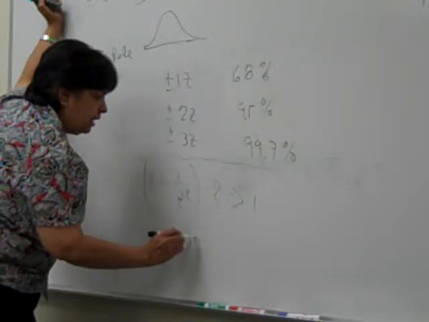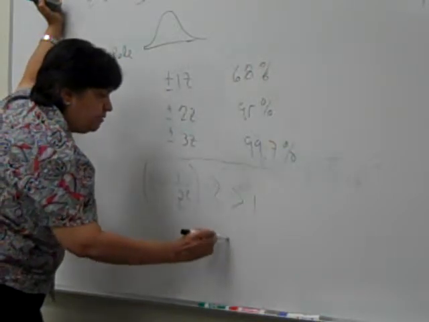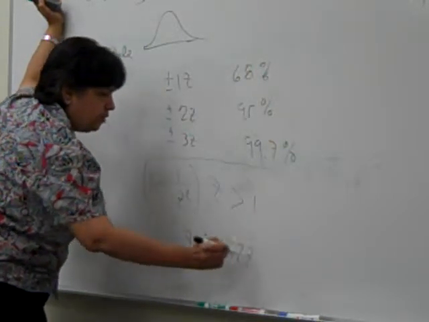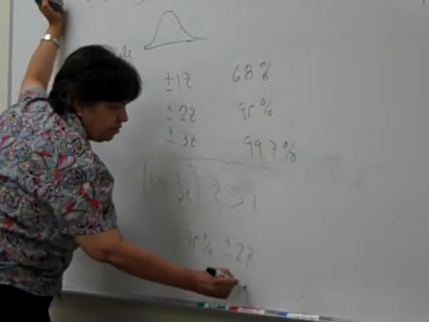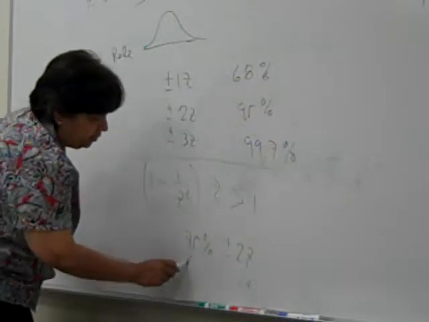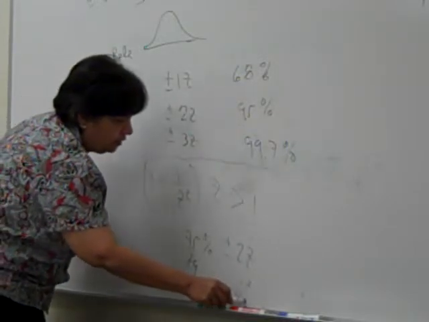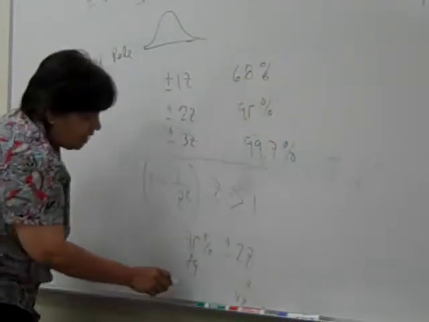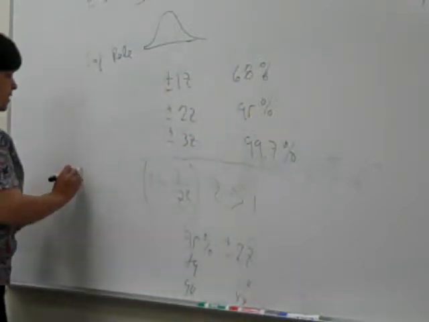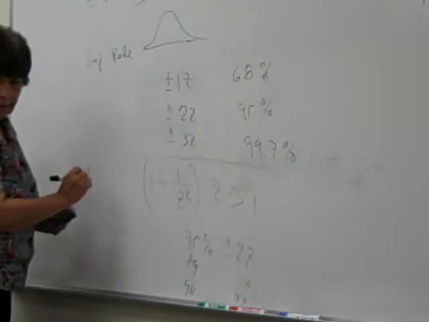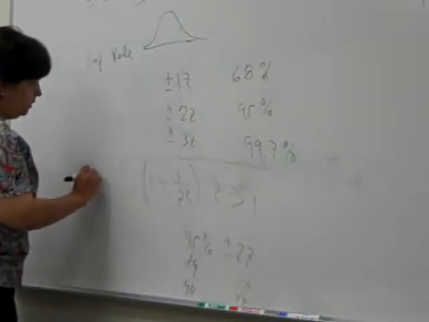It tells you that 75% of your data is within plus or minus 2 standard deviations. For 3 standard deviations we have 89% of the data, and for 4 standard deviations we have 94% of the data.